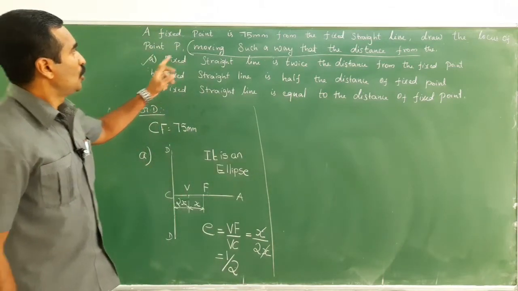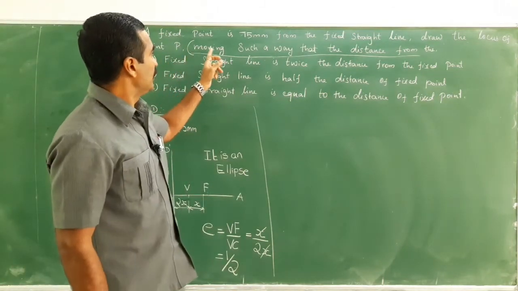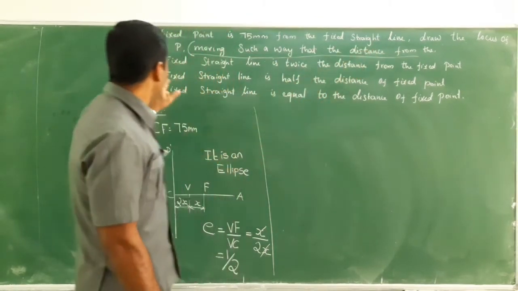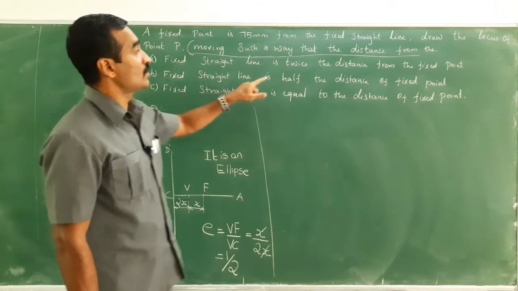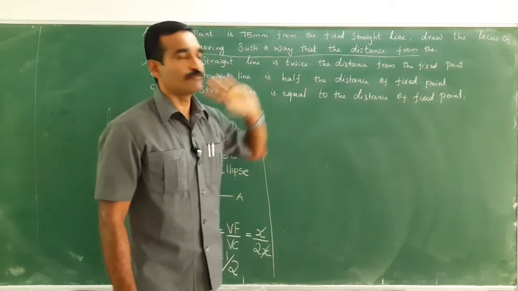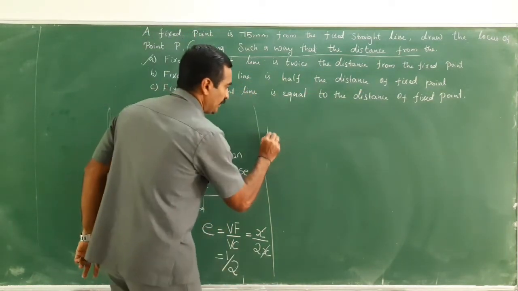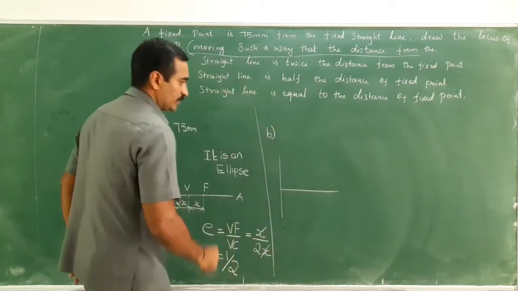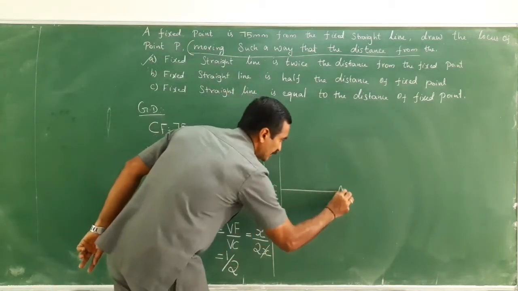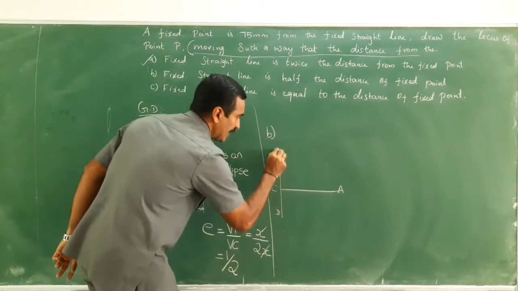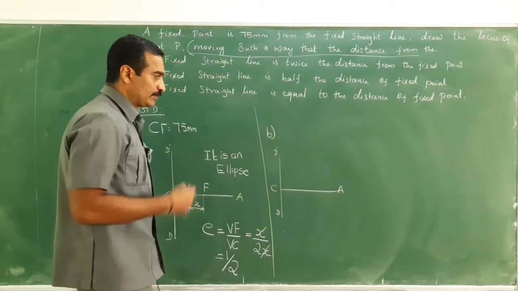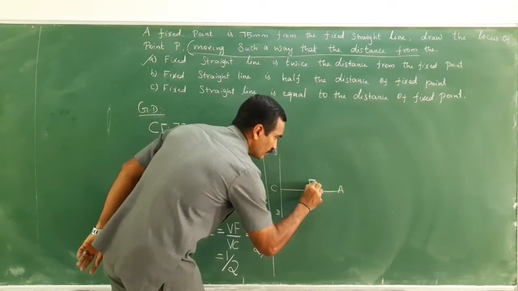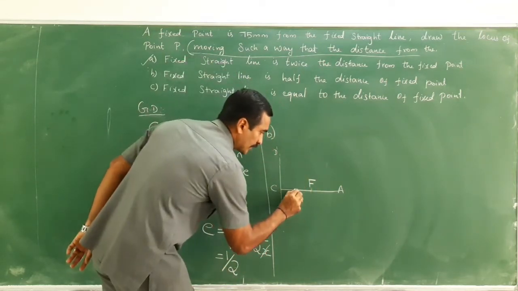What does it say? The point P is moving in such a way that the distance from the fixed straight line is half the distance of the fixed point. B. Let me draw the terminology here. CA, which represents the axis, D dash, is nothing but the directrix. This is F, fixed point or focus.